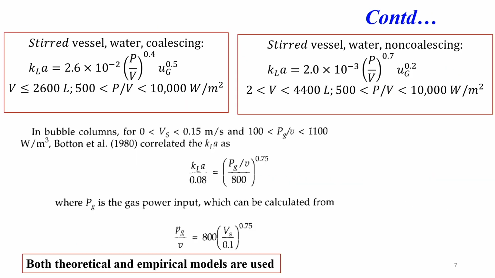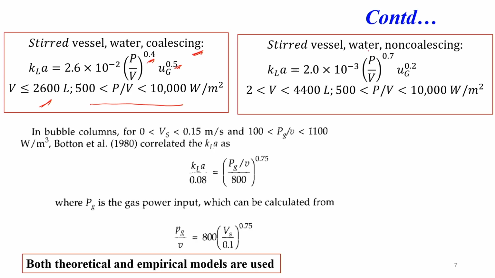So, for example, if you just see a stirred vessel for water air dispersion and coalescing system, KLA is defined as P upon V to the power 0.4 and U_G to the power 0.5, and this correlation is applicable if total volume is less than 2.6 kiloliter and power requirement between 0.5 to 10 kilowatt per meter square.